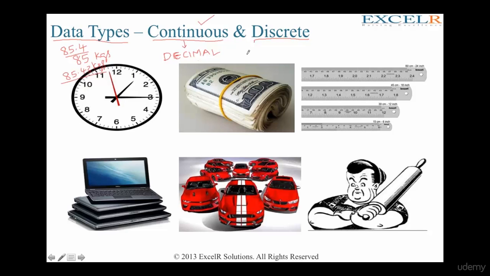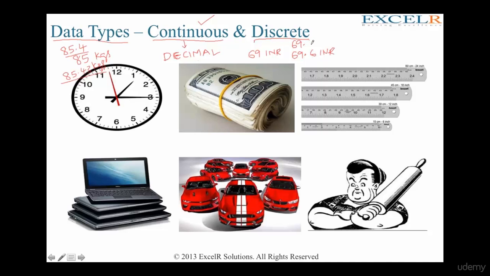Your price, if you go to any gas station or petrol pump, 1 liter of petrol would cost you what, 69 rupees? It can also cost you 69.6 rupees, still it makes sense for you.